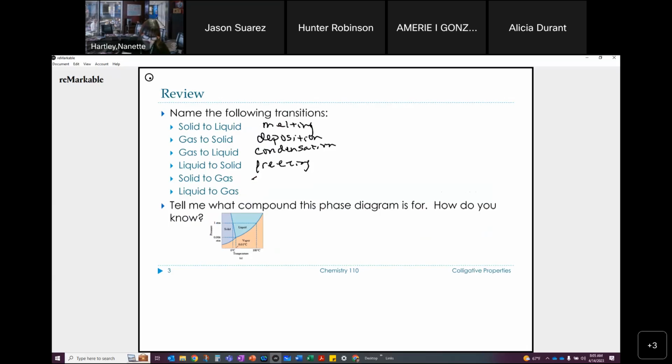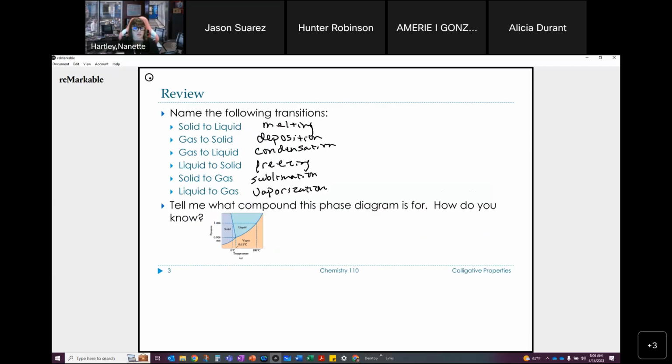Solid to gas is sublimation. And of course, liquid to gas is vaporization. Okay, so all of those are the terms that we would use for those. Now, that's not all of them. There are a couple that are missing from that, but that's what we're looking at there. So you may get asked for this transition, what is the word that's associated with that?